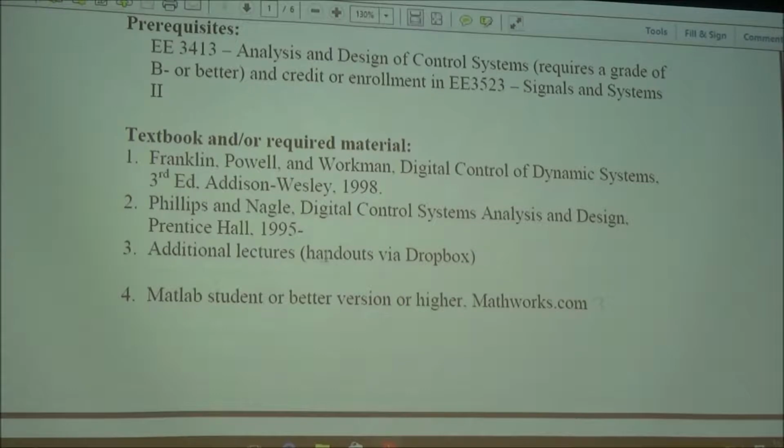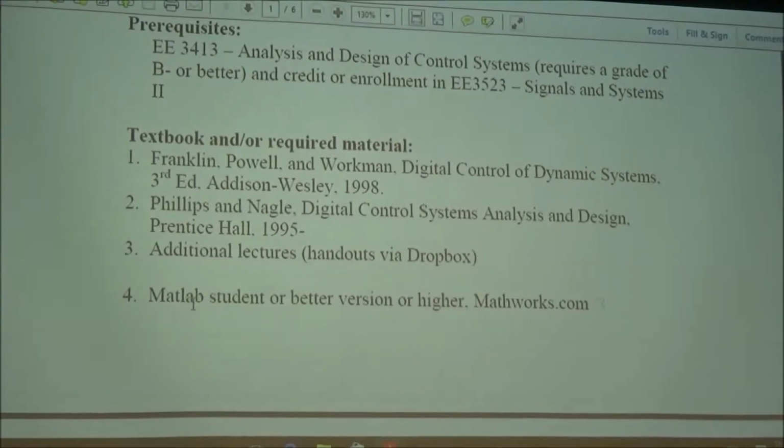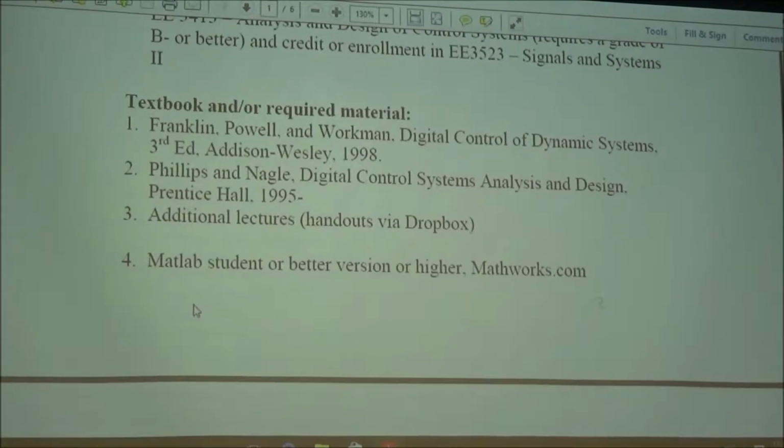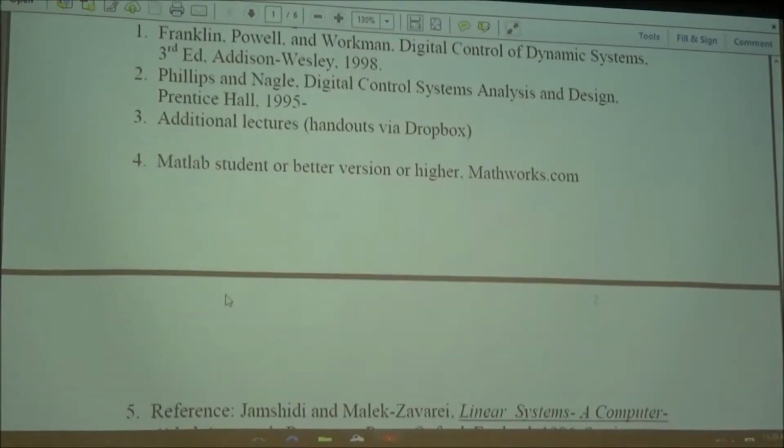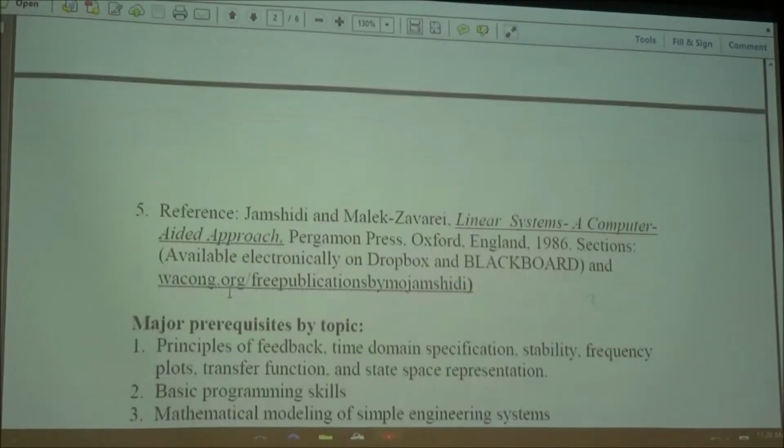Almost all handouts, maybe except the second book, are already on Dropbox, and we also have emphasized a lot of MATLAB related homework and project per se. One of my own books, the 1986 book, will also be on Dropbox, and it's on linear systems, a computer-aided approach.